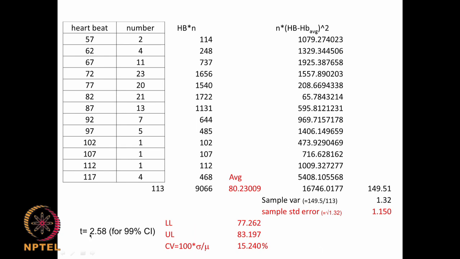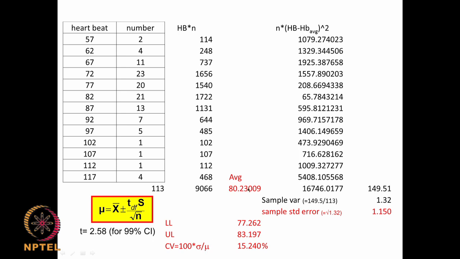So, I multiply by 2.58 because t is given by 2.58, and that is for 112 degrees of freedom for 99%. So, I use that. Now, CV is my coefficient of variation, the formula is 100 into sigma divided by mu.